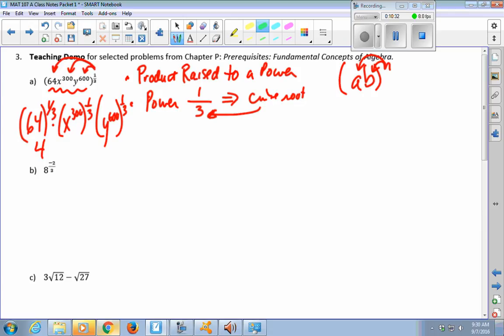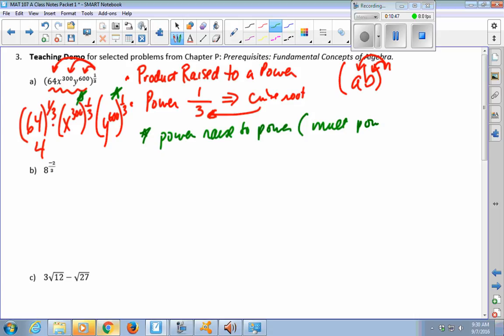Now what do we do? Now we need a new exponent property right here. This is called a power being raised to a power. And the property there is to multiply your powers. So x to the 300 becomes x to the 300 times 1/3.